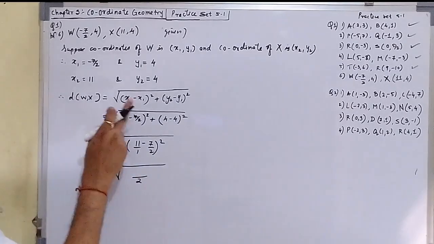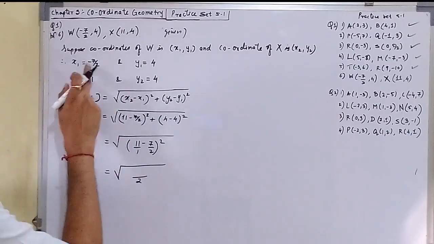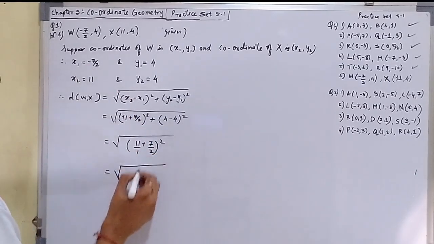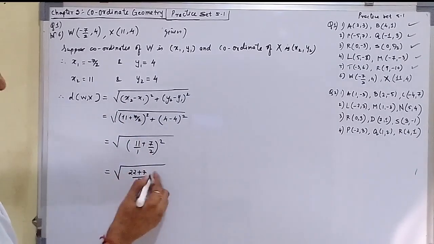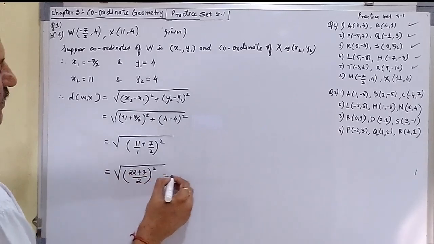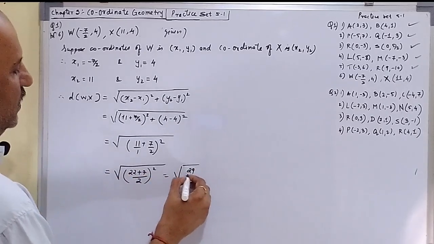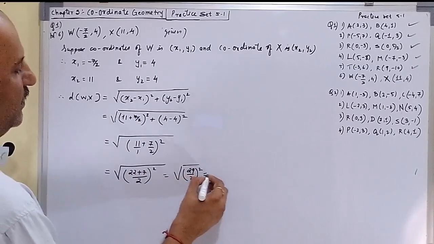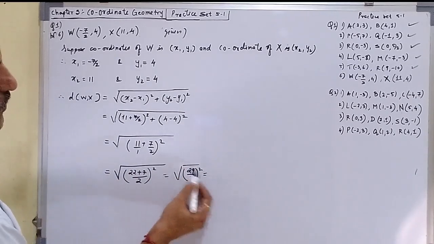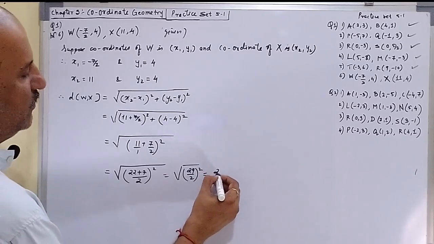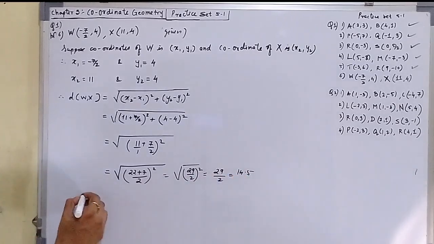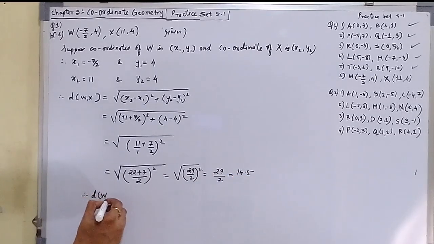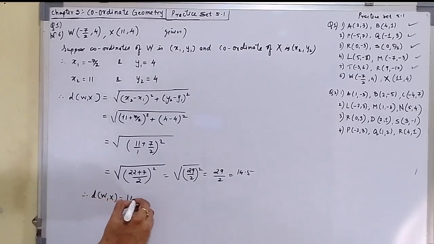We made a mistake: x2 is 11, minus into minus becomes plus. So 22 plus 7, 2 11s are 22, 1 7 is 7. So this will be 29/2 squared. So the root and square cancel out. So what will we get? 29/2, that is 14.5. Therefore distance wx is equal to 14.5 units.